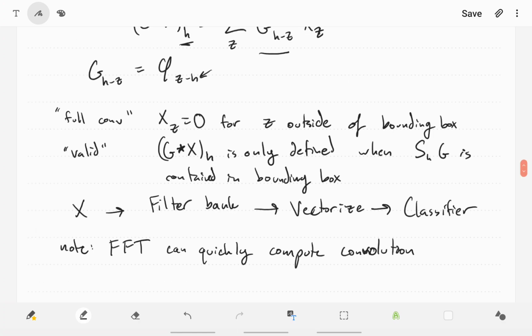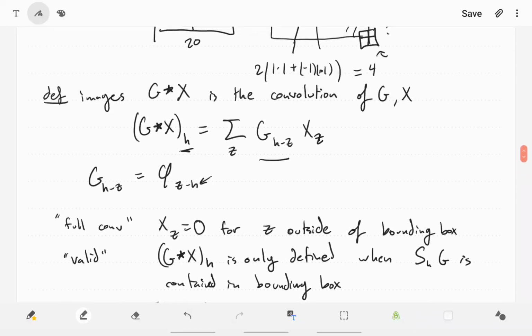Another thing to note is that this is the strict definition of convolution, and it reverses the order of the indices. Remember, this was equal to the sum over Z of phi of Z minus H, X sub Z. This is actually not convolution.